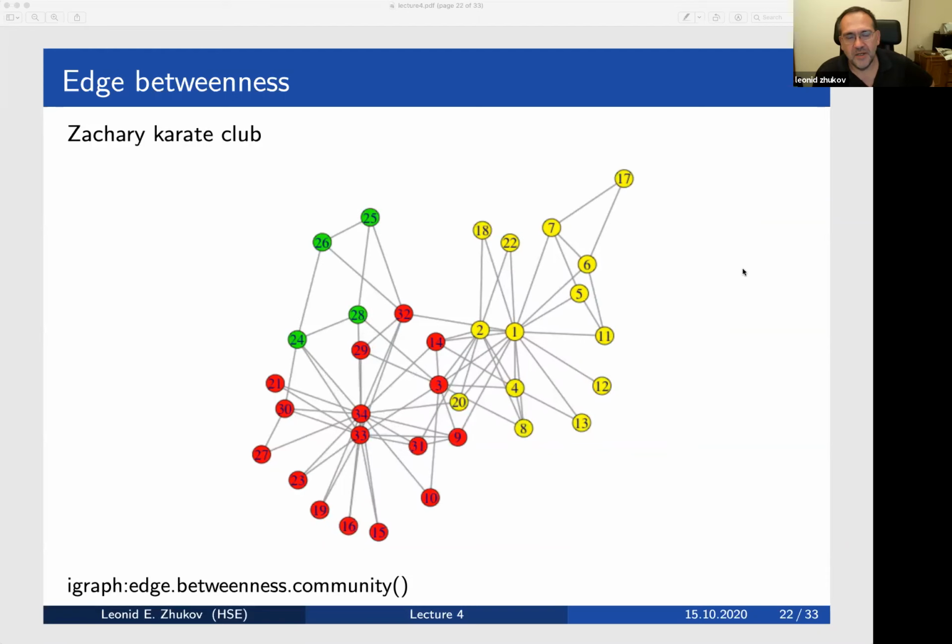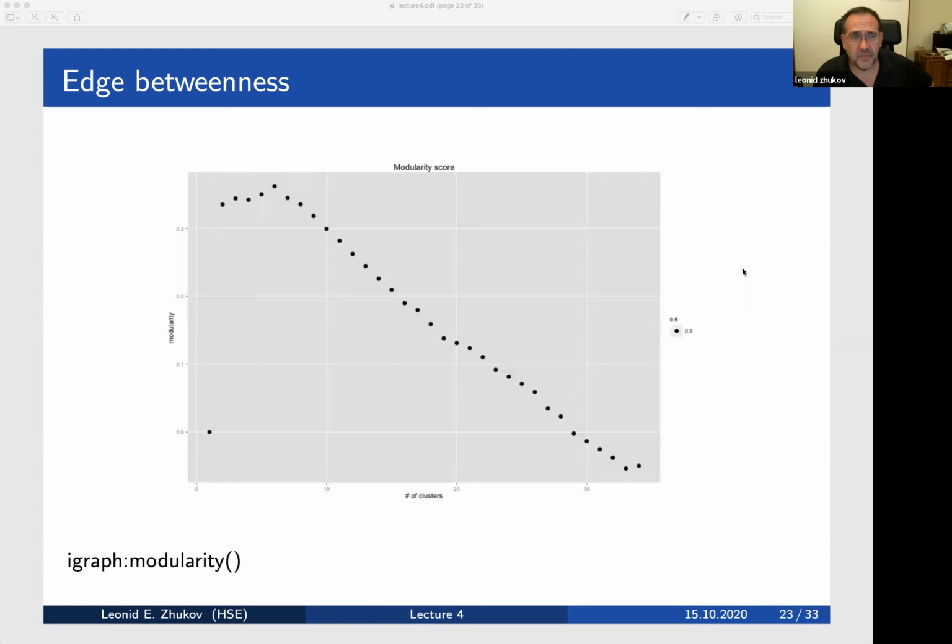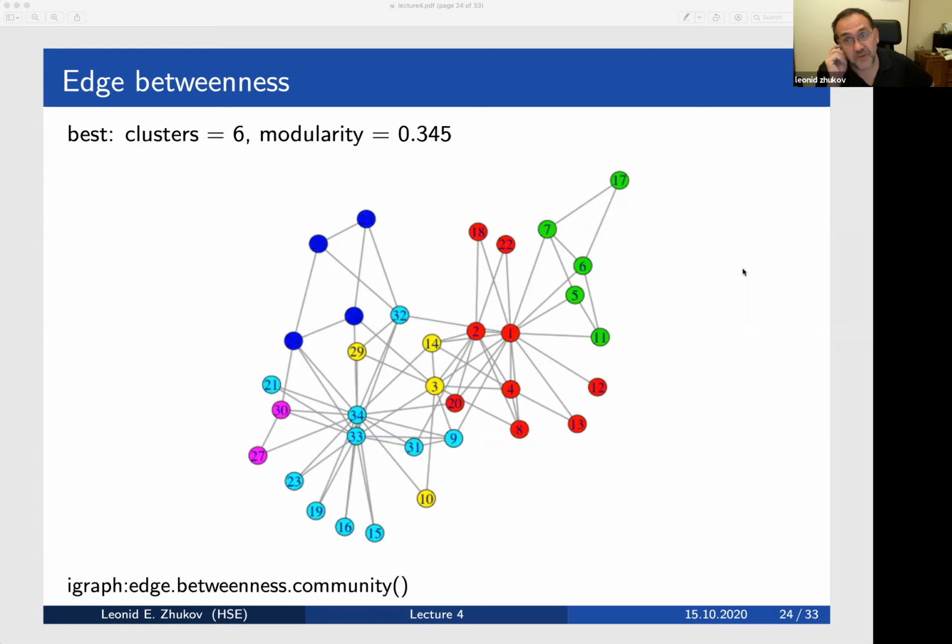Again, remember, the question of partitioning is the same as the question of clustering. Communities are not defined precisely, defined as a group of nodes that are more tightly connected among themselves than with the rest of the graph. Okay, so that's one algorithm. Any questions on this algorithm?